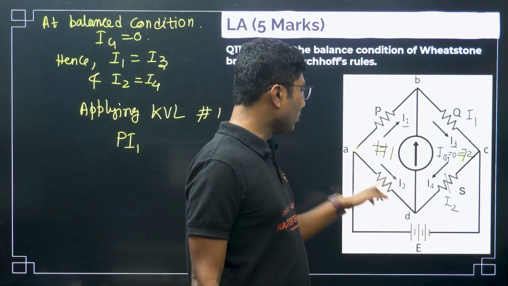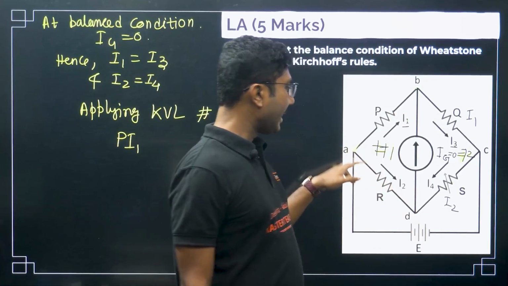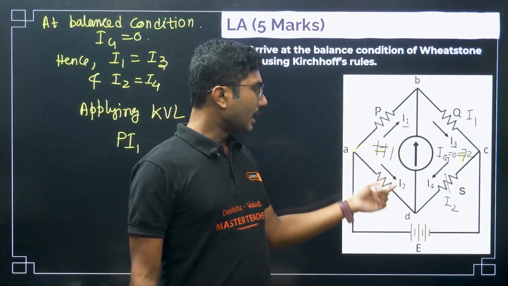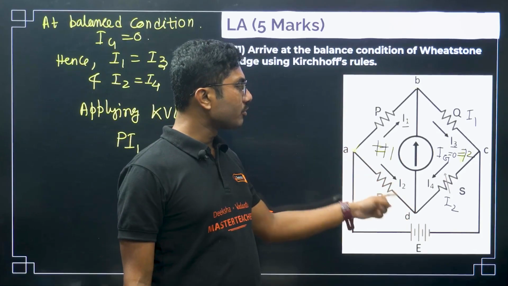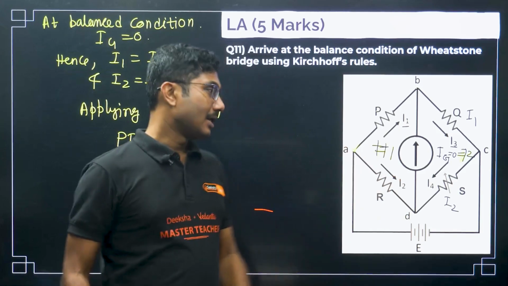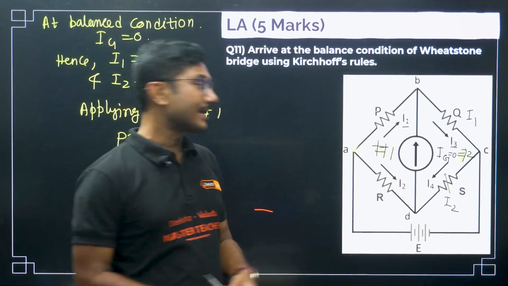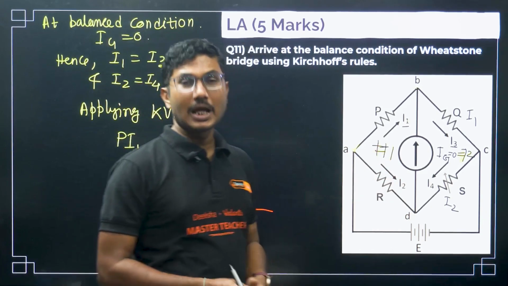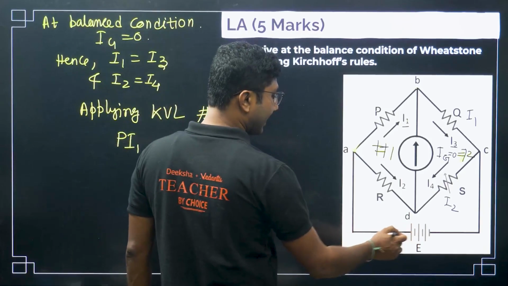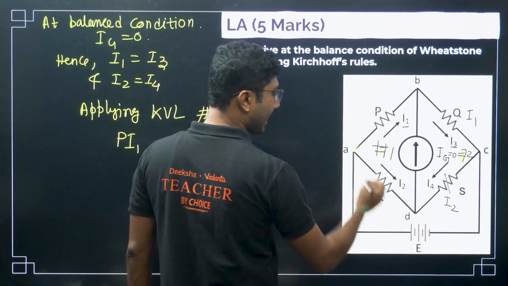Now D to A. When you are going from D to A, our chosen direction is opposite to that of the current shown in the circuit. Why? Now you might say, sir, current in the circuit might go in this direction. That is not possible because of the battery. The battery will try to send the current in this direction only.